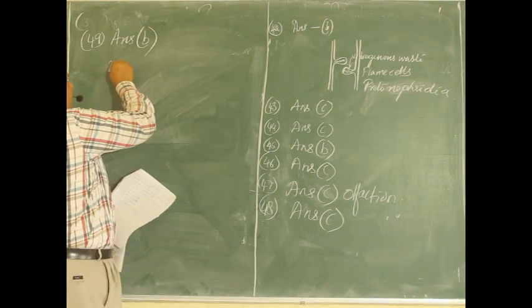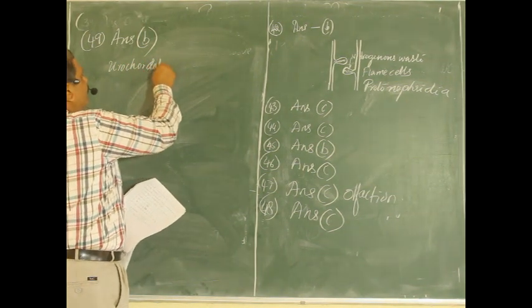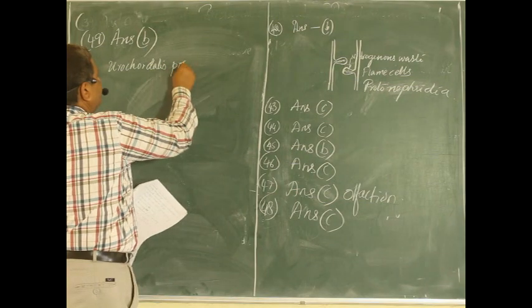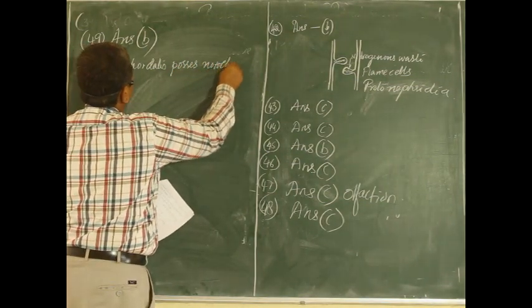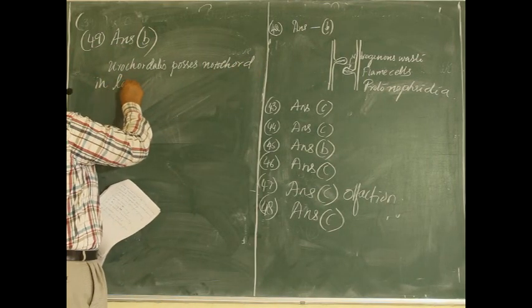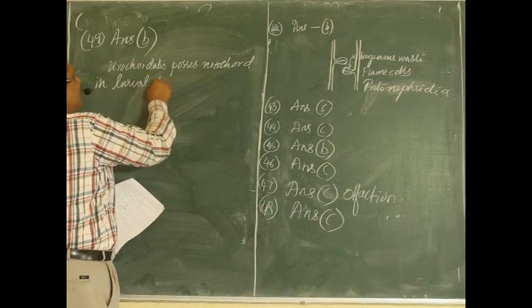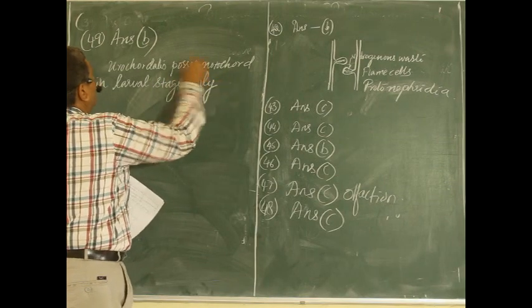So urochordates possess notochord in larval stage only. That you should remember.